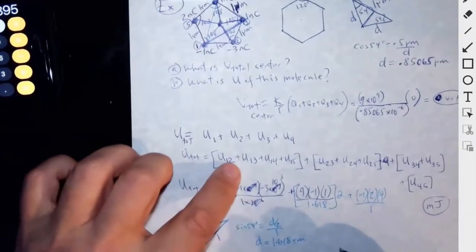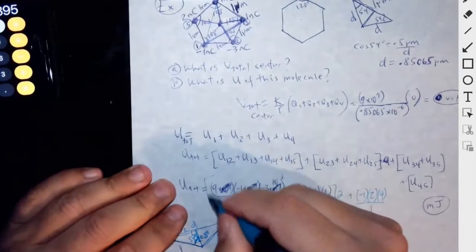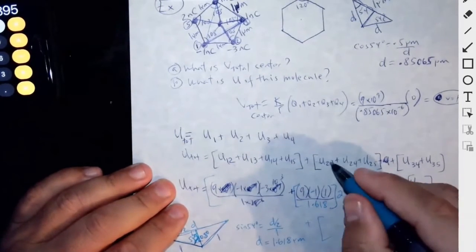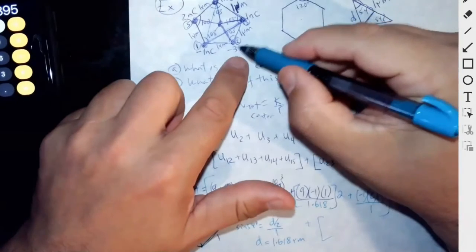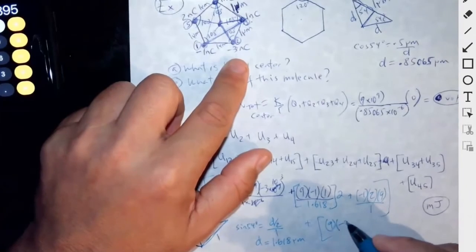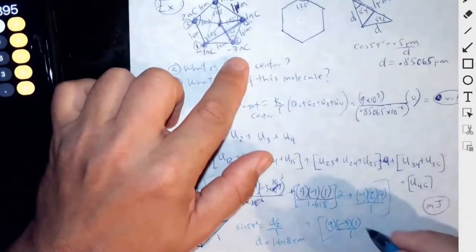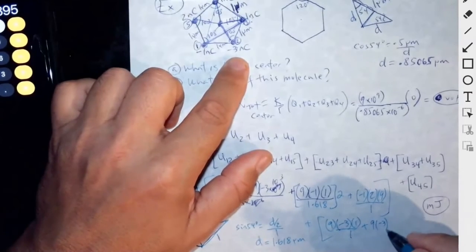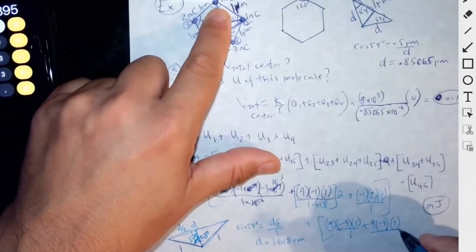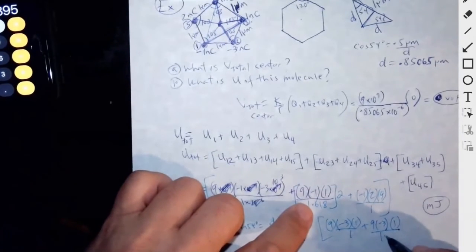Okay, so that one is so far this one. Plus U23, 2 with 3 is going to be 9, negative 3, 1 over 1, plus 9, negative 3, and 1 over that distance, which was 1.618.